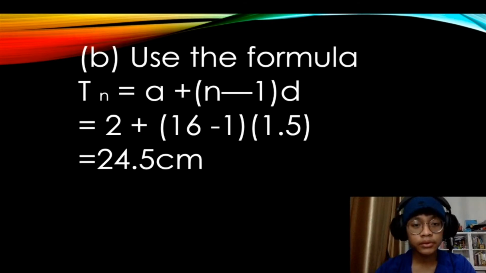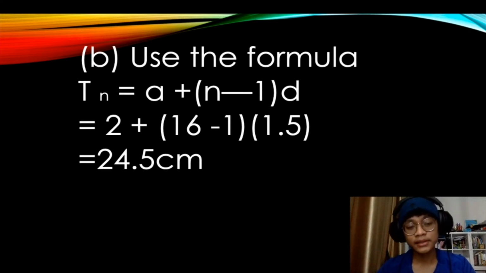We want to know the row, that is Tn equals A plus n minus 1 times D. So A is 2 plus, for the 16th row, n minus 1 times 1.5, then you will get the answer, that is the 16th row is 24.5 centimeters.